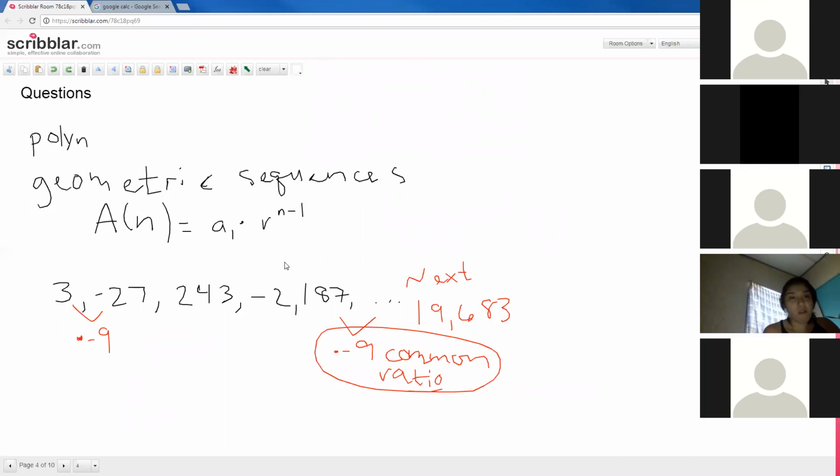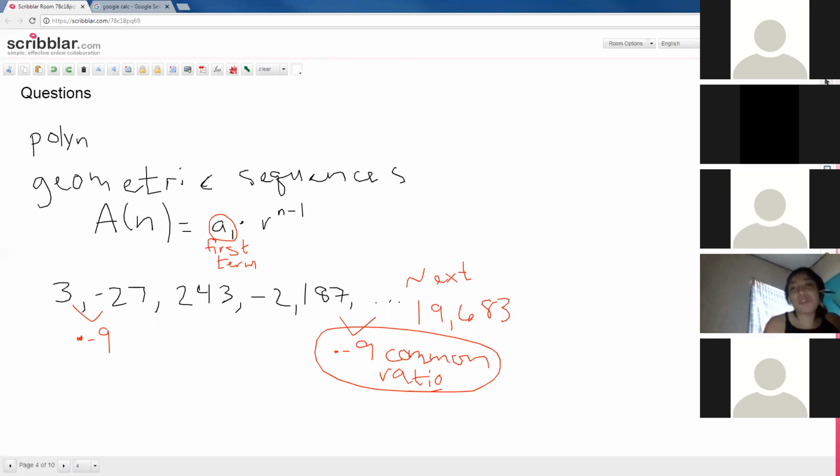The last thing is maybe they want the exact equation. What is the equation you could use to represent this geometric sequence. So each of these terms has a meaning. A sub 1 is the first term. It's the first number on whatever list they give you. So from our list, what's our first term? 3.